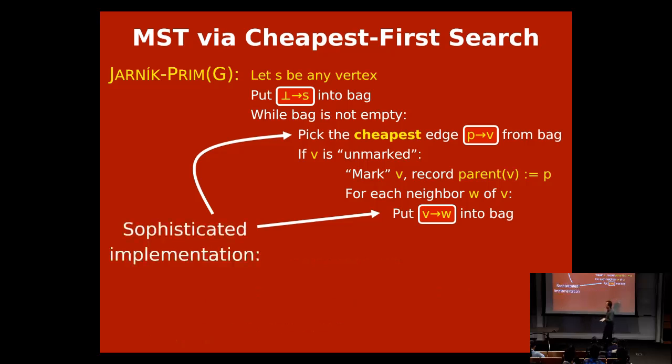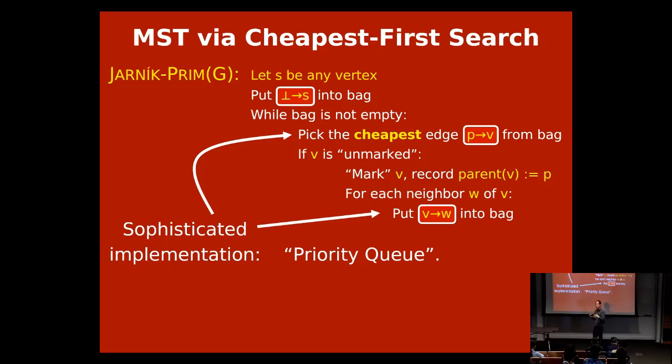I will say though that if you're more sophisticated, and probably you'll study these things in 210 or something, you might use a data structure called a priority queue for this, or a heap, which keeps the bag of edges in some kind of semi-sorted order. There's a trade-off between the putting in and taking out.